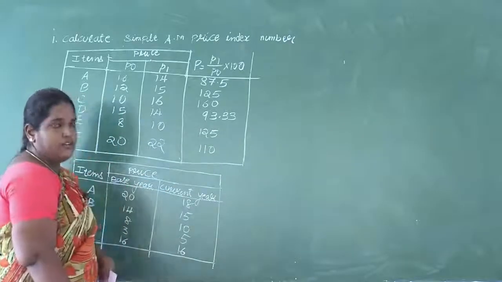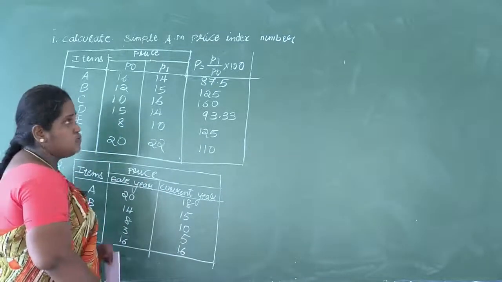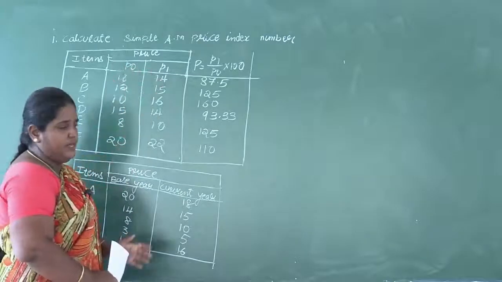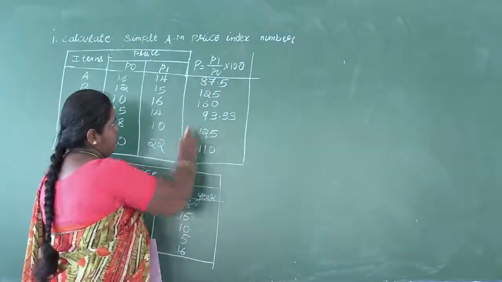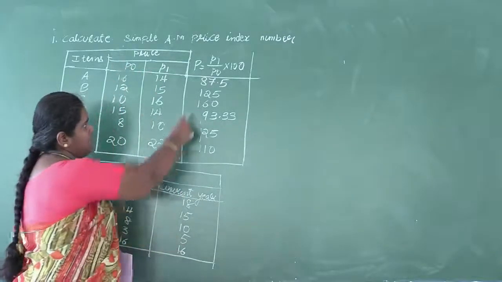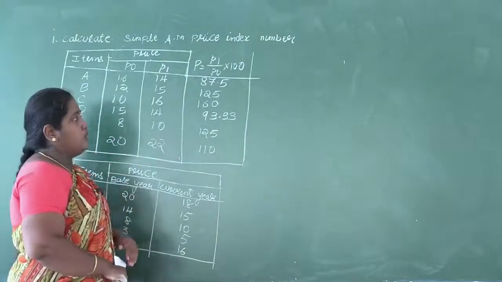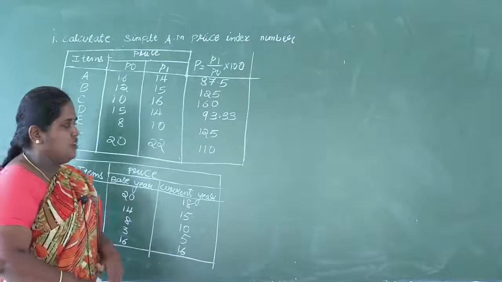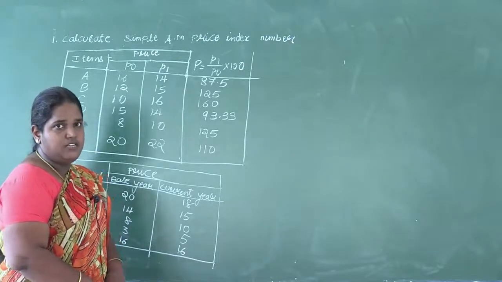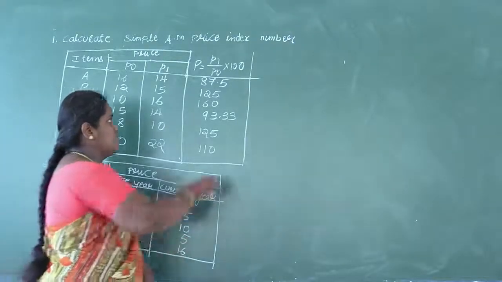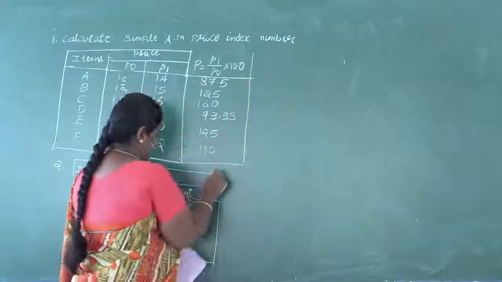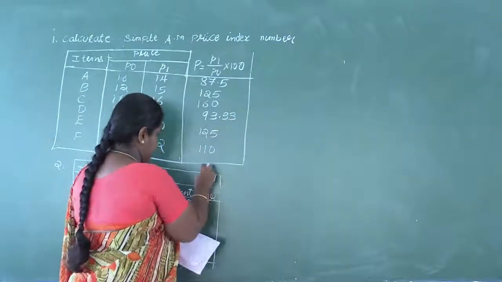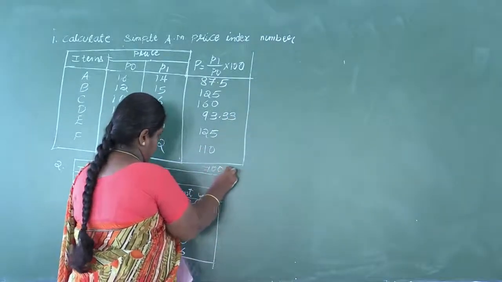So now add the total of P. Since we are doing only the arithmetic mean, P is enough. The total of P is needed. 87.5, 125, 160, 93.33, 125 and 110 are the P values. So what is the total of that? 700.83.